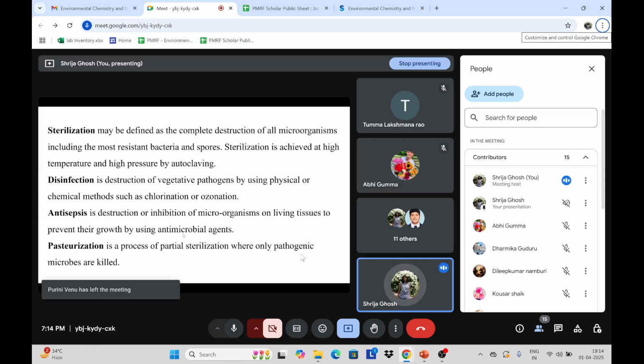We use pasteurization in other industries as well, the beverage industry and the food industry. But milk is a very common example. Whatever milk you are getting in the packets, all of them are pasteurized milk.